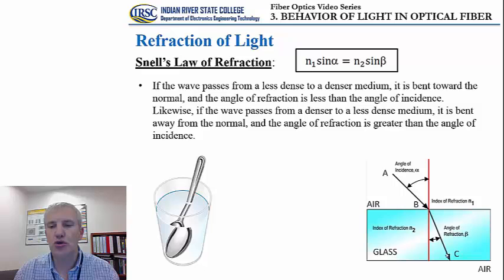That is the case shown on this slide. On the other hand, if the light propagates from optically more dense material, in other words, the index of refraction of the first material is higher than that of the second material, light is going to bend away from the axis.